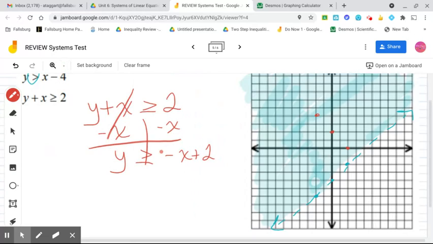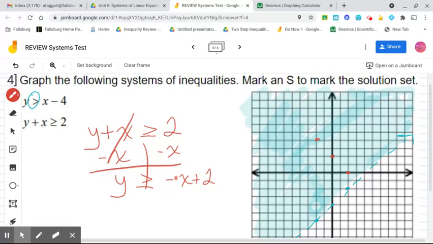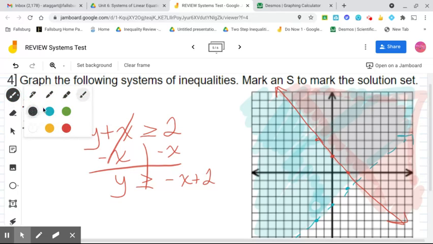Now I have to ask myself, is it dotted, or is it solid? And since it's greater than or equal to, I have a solid line. So I'm going to draw a line as best I can to make it straight. And if it's greater than, I want to shade above the line. And remember, our solution set is anything that's in the double shaded area. So I want to mark an S on my solution set.